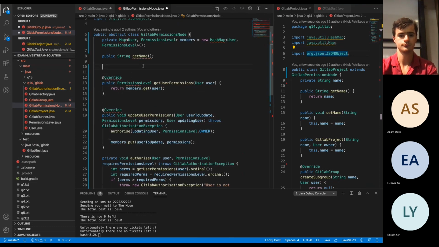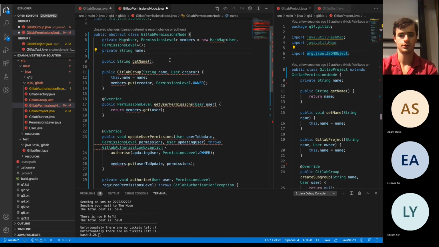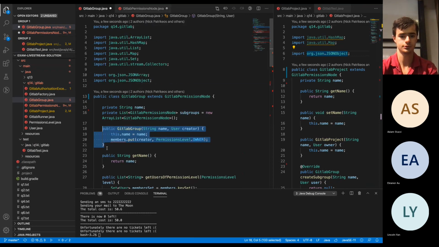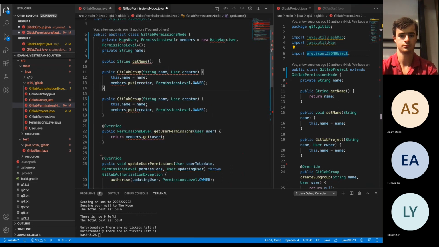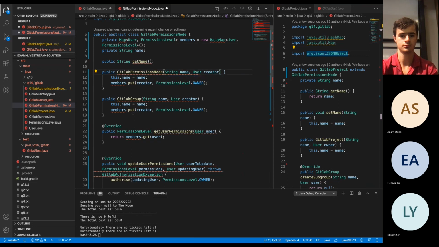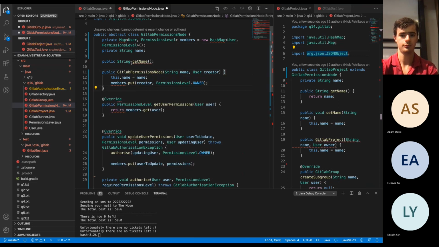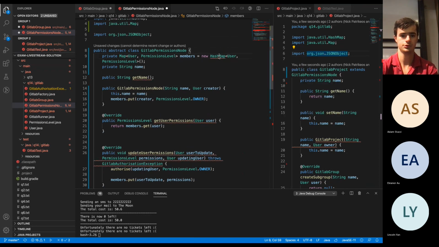Private string name. And then we'll just copy the constructor. Members.put map, import.